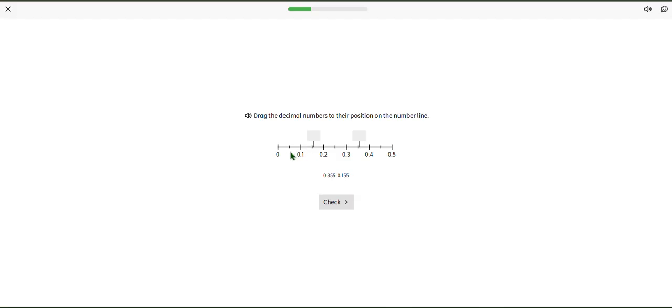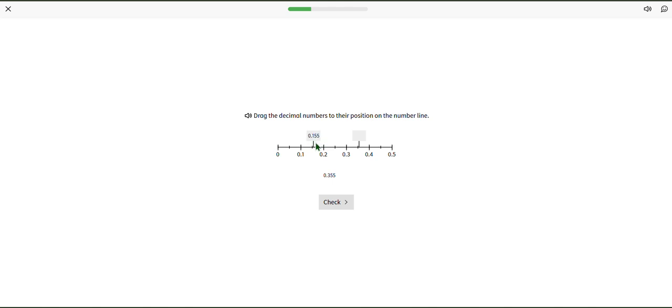And I've got my number line set up in 0.1, 0.2, 0.3, 0.4, and so on and so forth. With that being said, this helps me guide where I'm placing these numbers because I'm looking at that first place value. I know that the 0.155 needs to go after the 0.1 and before the 0.2.